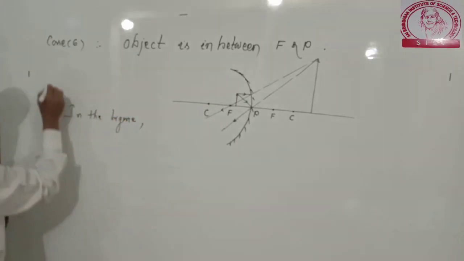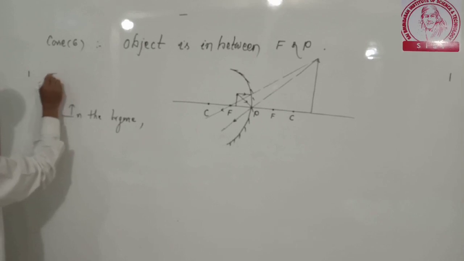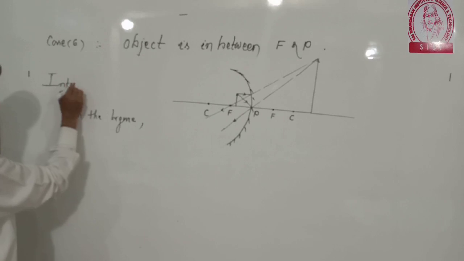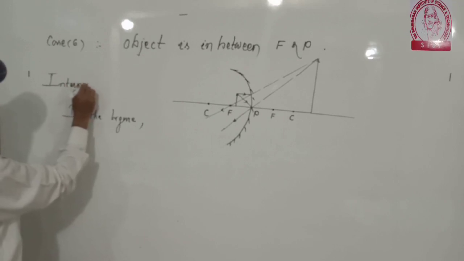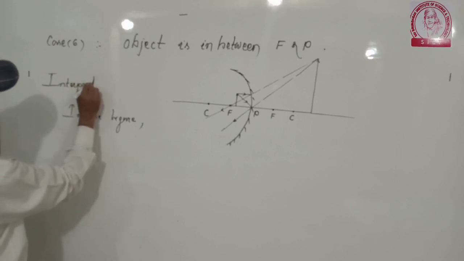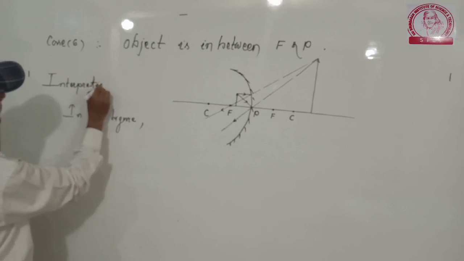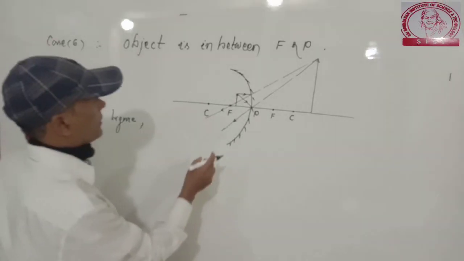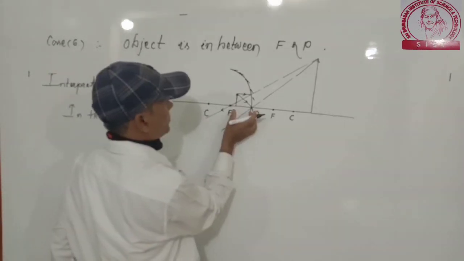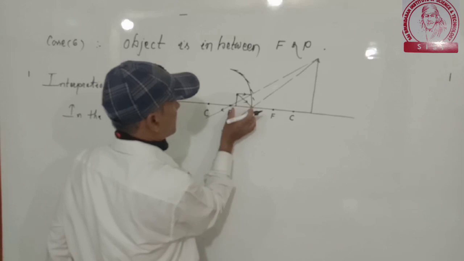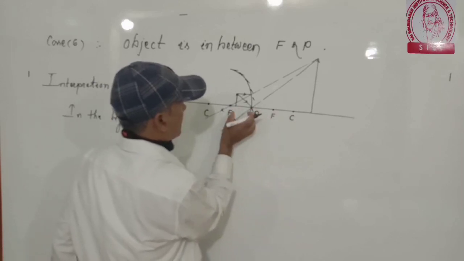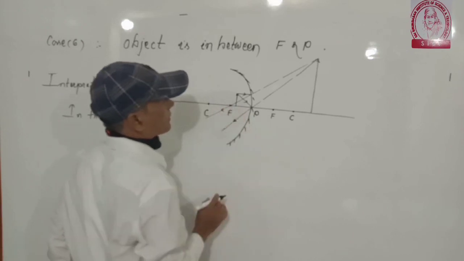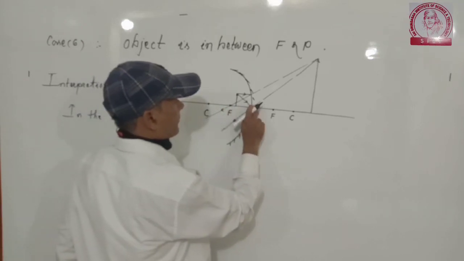In the figure, this is interpretation. In the figure, you see, this is U, this is U, this is U, and this is B. But this is U, and the focus is active here.